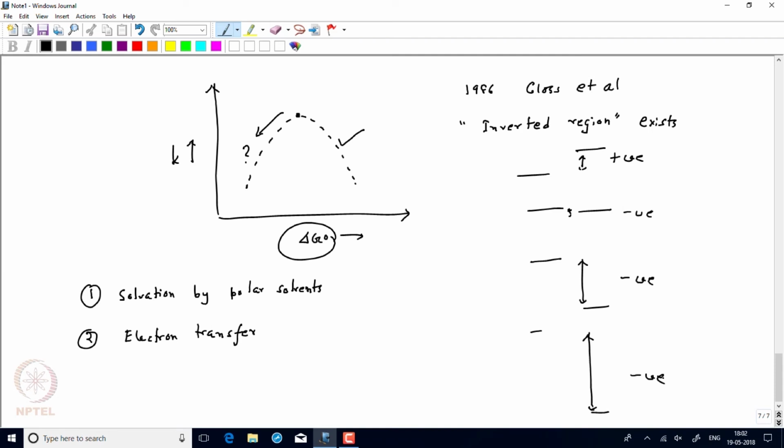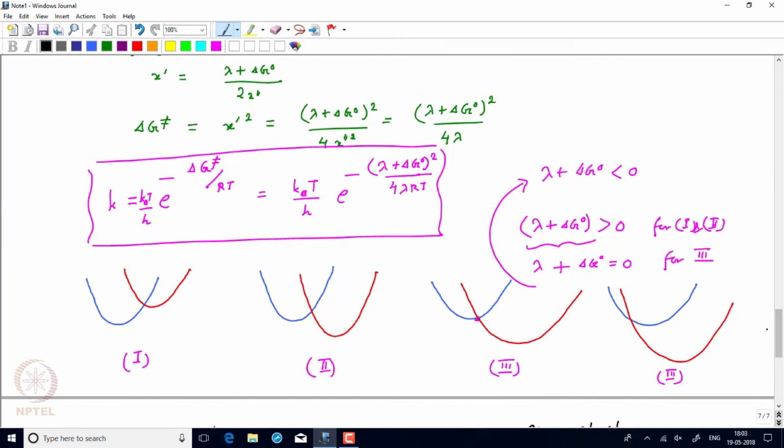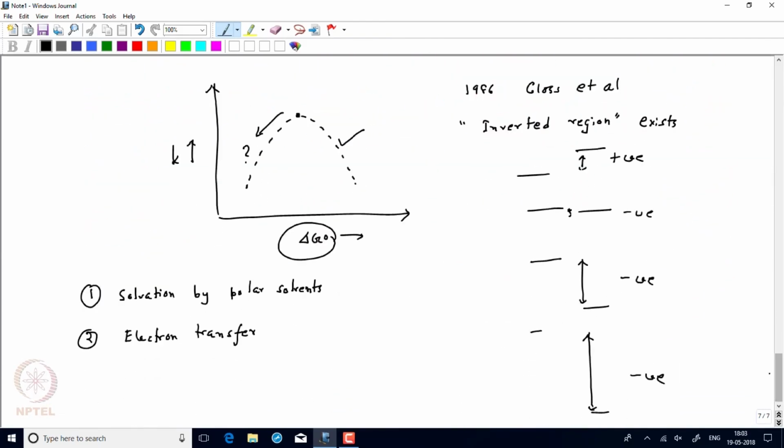And the crucial factor here is not the free energy alone, but lambda, the reorganization energy. For all these plots, we said that lambda is constant, and we just varied the free energy by vertically moving the acceptor parabola with respect to the donor parabola.